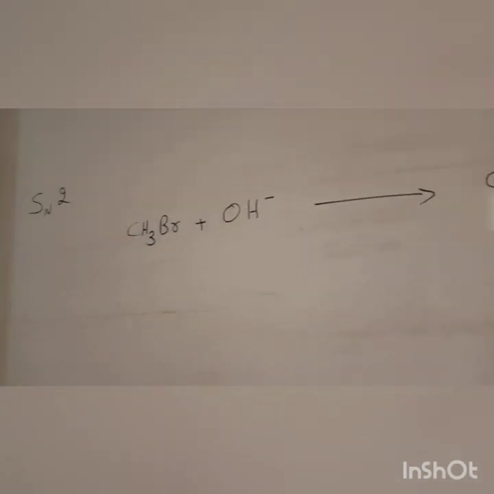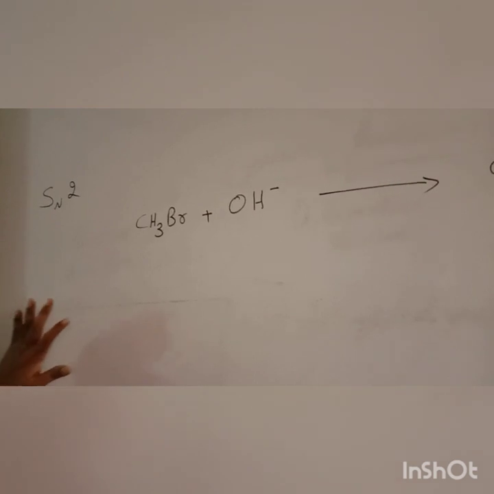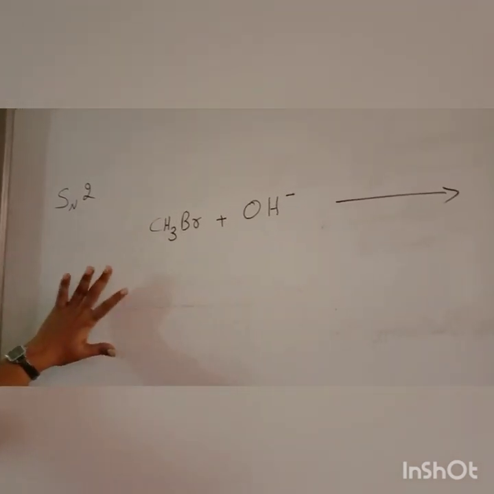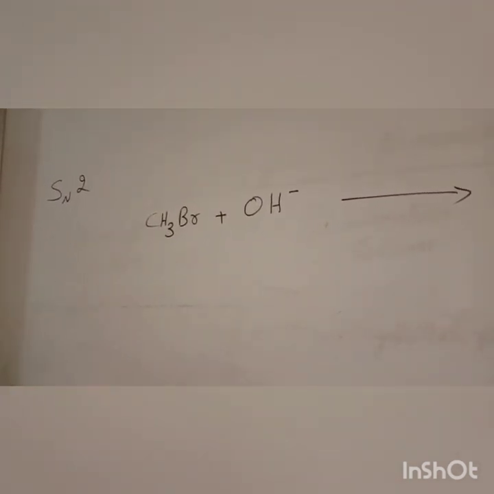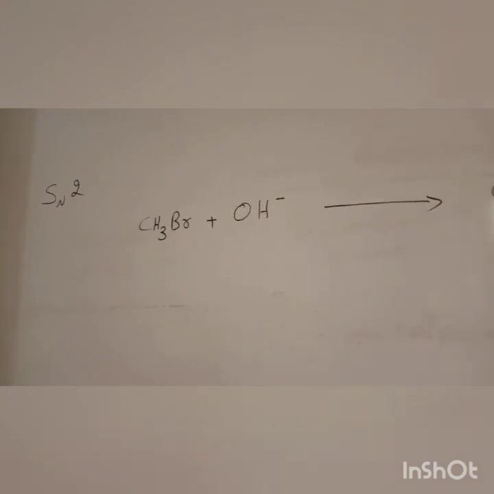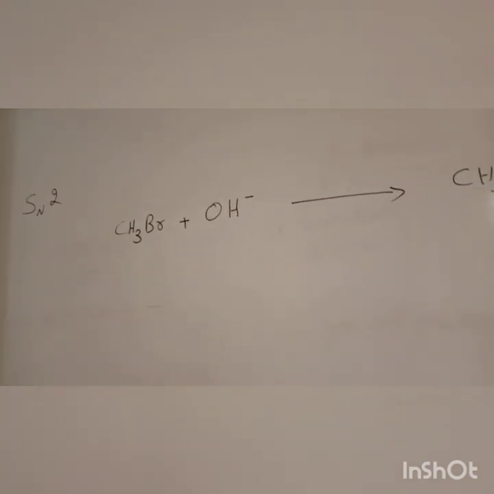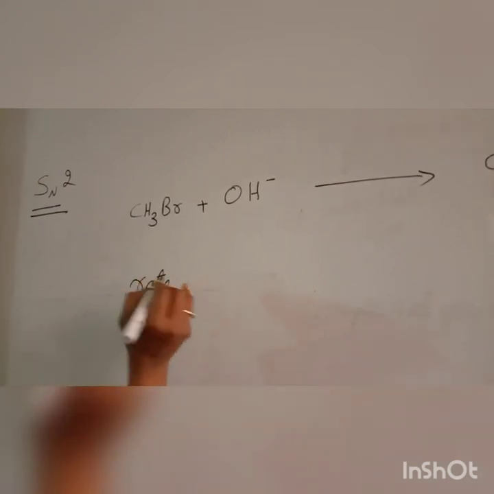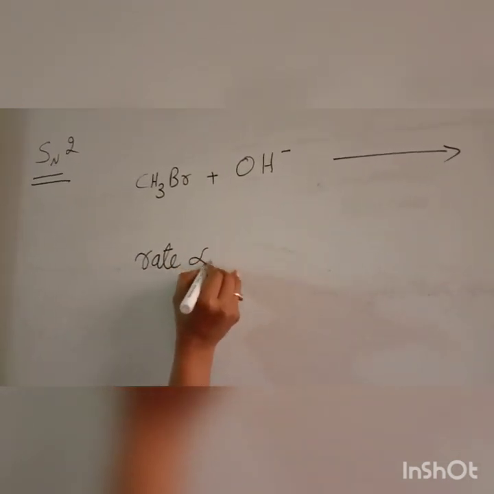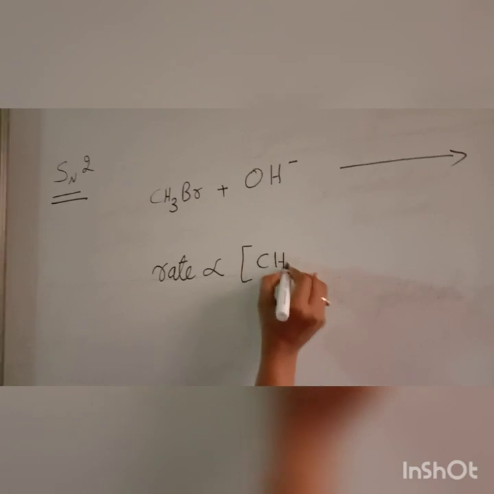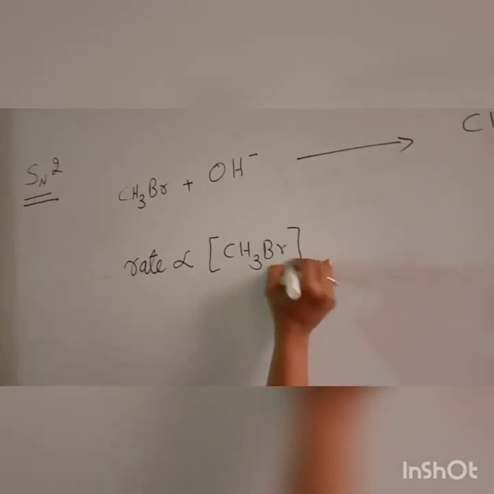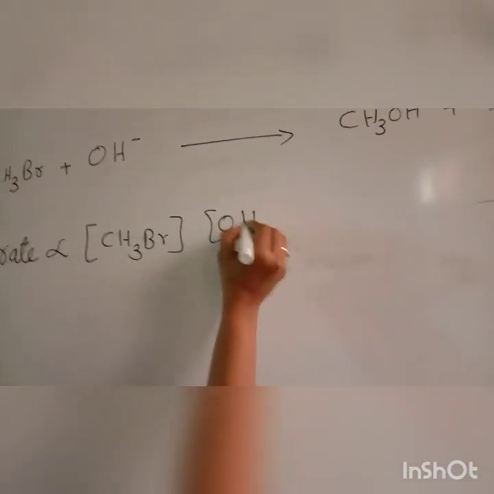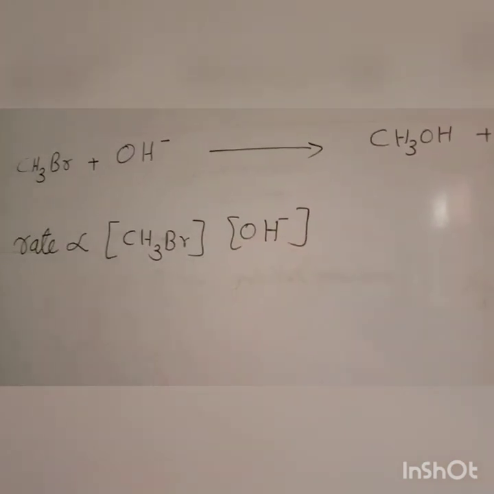Let us see the mechanism of this reaction, the main point of the discussion. Here, the mechanism takes place in a single step for this SN2 reaction. Now what about the rate of this reaction? The rate is directly proportional to the concentration of methyl bromide as well as the concentration of the nucleophile.